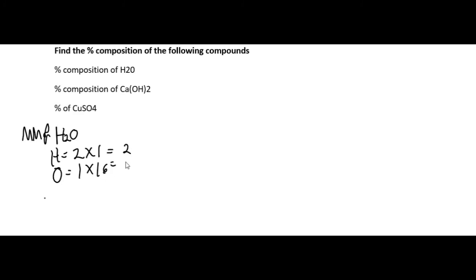So 2 times 1 plus 16 equals 18. Now, to get the percentage composition, we need to divide by the total molar mass. All right. 2 divided by 18, 16 divided by 18, and we will get... okay, 2 divided by 18 is, let's solve this.